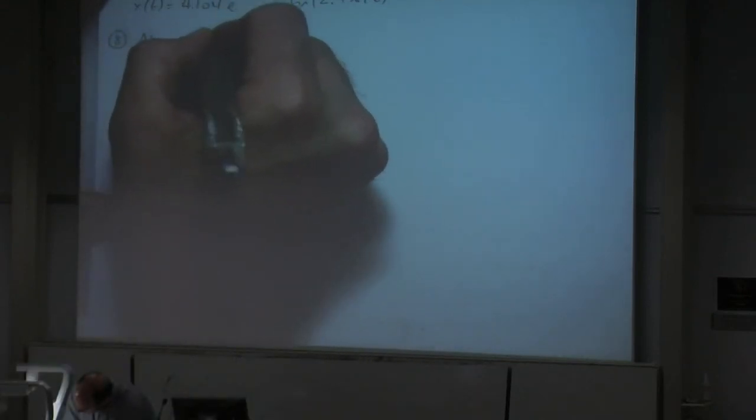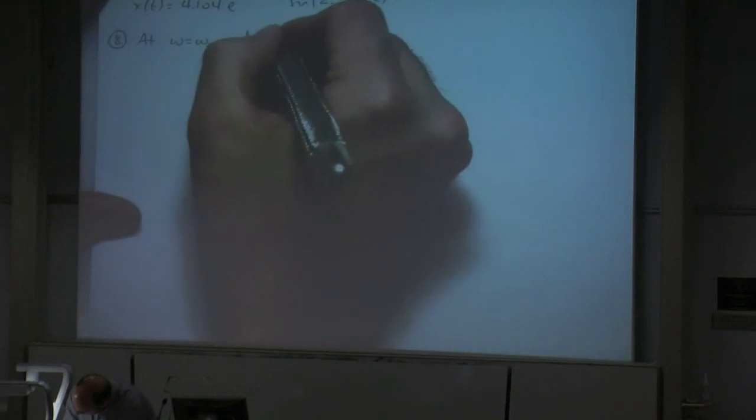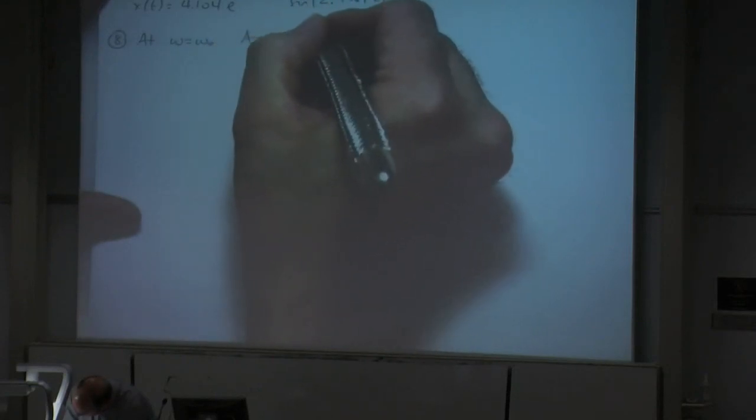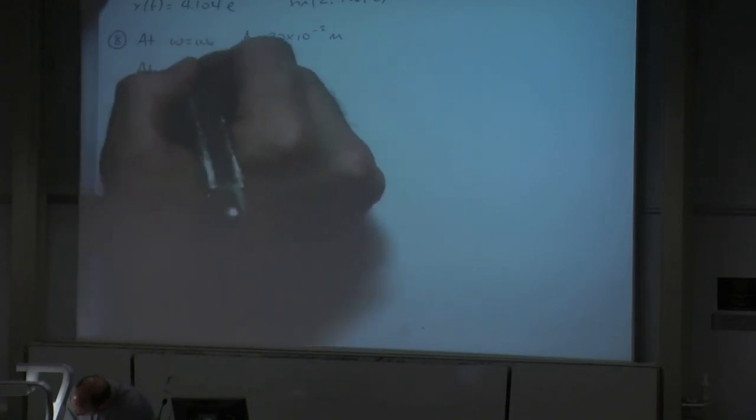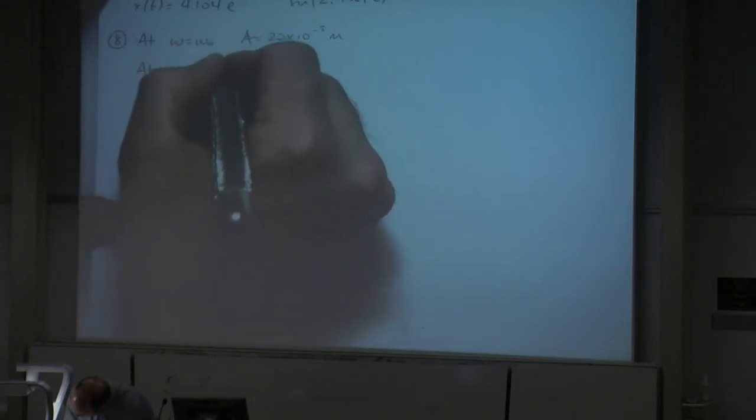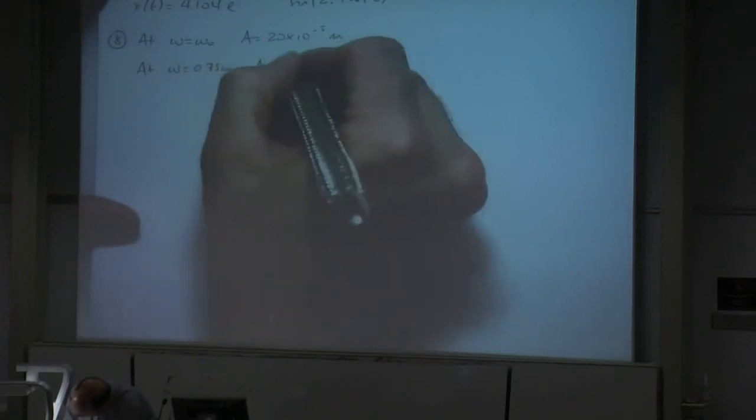So we've got a system where at omega equals omega naught, A is 20 millimeters, and at omega equals 0.75 omega naught, A is 10 millimeters.